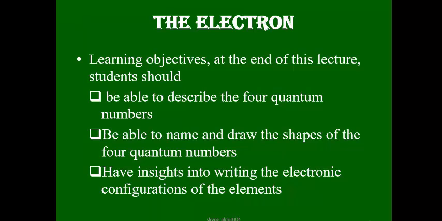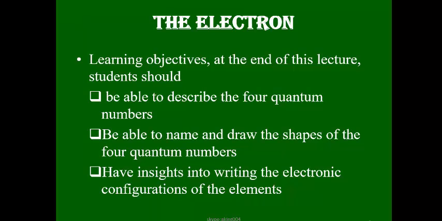What makes this study important? It is because of some other topics that we are going to treat later, like periodicity and the periodic table, shape of molecules, and chemical bonding. Each of these topics requires knowledge of where electrons are located.